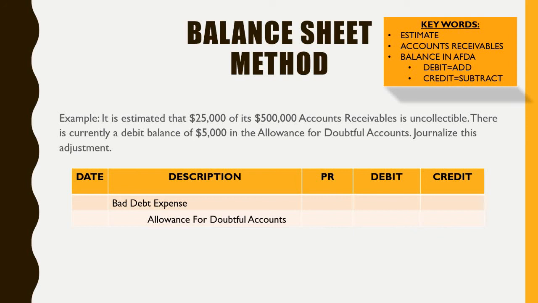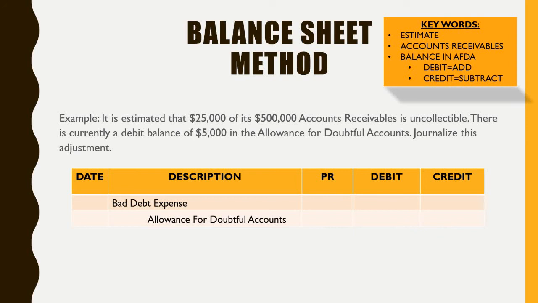If I currently have a credit balance, meaning someone who owed us paid us, then I should have a credit balance in my allowance for doubtful accounts. Therefore, if I already have a credit balance and my end goal is to reach $25,000 in a credit balance, then I subtract my number because I'm already on my credit side.